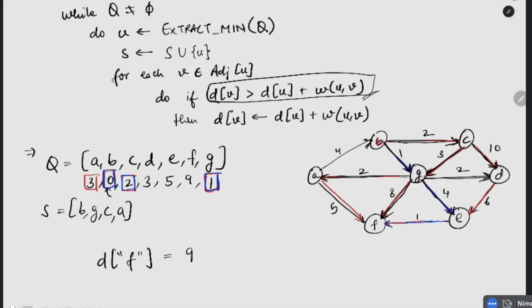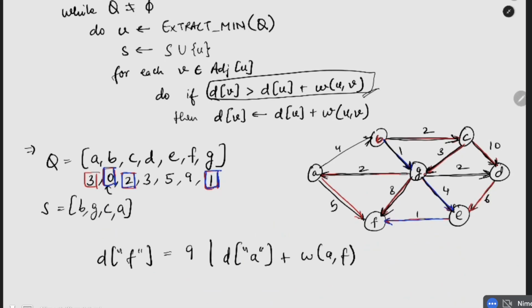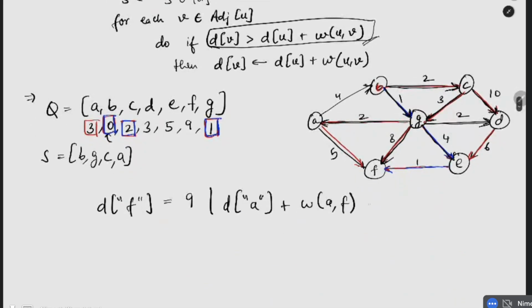So D of F right now is 9, right? But if we reach F through A, that is D of A plus W A comma F, right? That is D of A is 3 and W A comma F is 5, that is 8. And 9 is greater than 8, so the new weight 8 is an improvement over the last one, right?